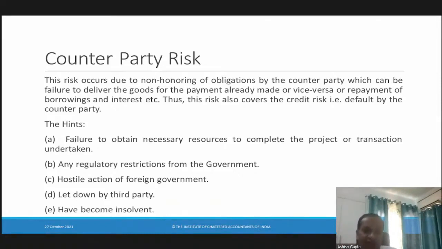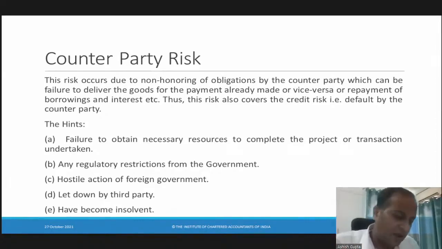Now read the hints, then I will discuss with you. Failure to obtain necessary resources to complete the project undertaken, any regulatory restriction from the government, like the other party cannot honor their obligation because of restrictions from the government. Hostile action of a foreign government is very common. Suppose you have lent money to a company that has established its project outside India.